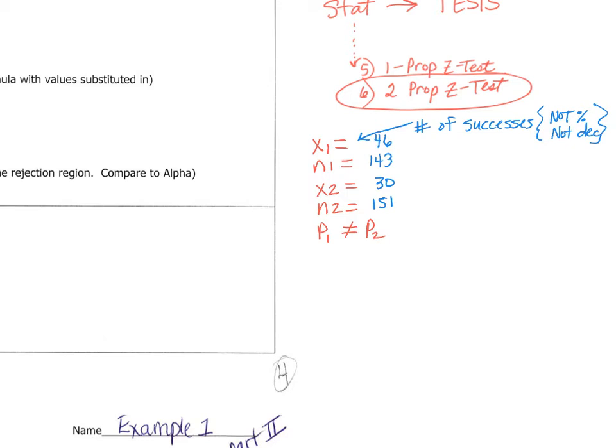It's what your alternative says. It either says P1 is not equal to P2, or P1 is less than P2, or greater than P2. That's what's in your calculator. Which one do we want to highlight? Highlight that one in your calculator, and then you go down and hit calculate.